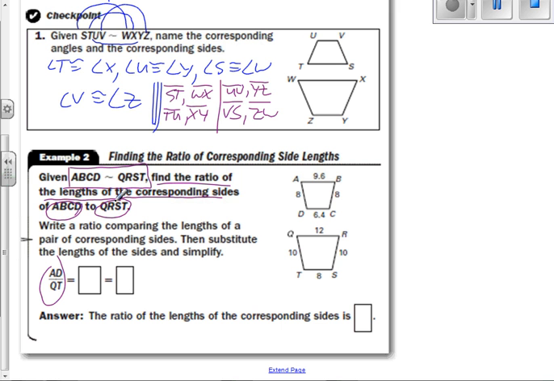AD goes on top, first before the colon, and QT would be the second piece. AD is 8 and QT is 10. If I reduce that, I get 4/5. So my ratio would be 4/5. That was pretty easy.